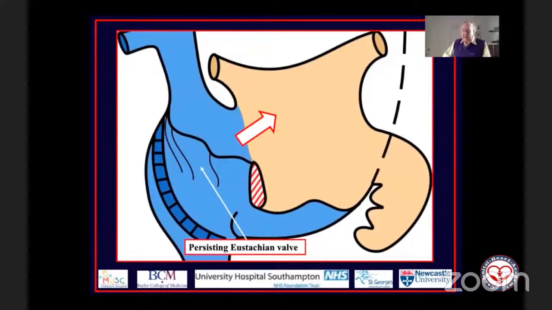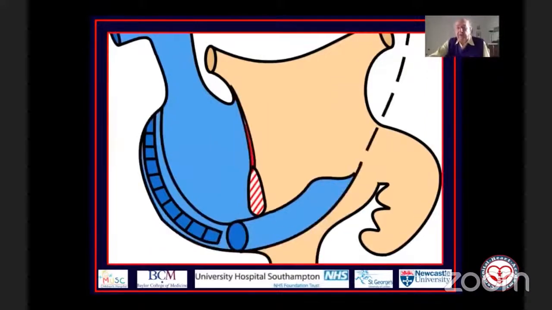And in this setting, it's very important to distinguish between the persistent eustachian valve and the boundaries of the oval fossa. This is the much rarer variant that you've just seen, along with connection of the superior caval vein to the left atrium.